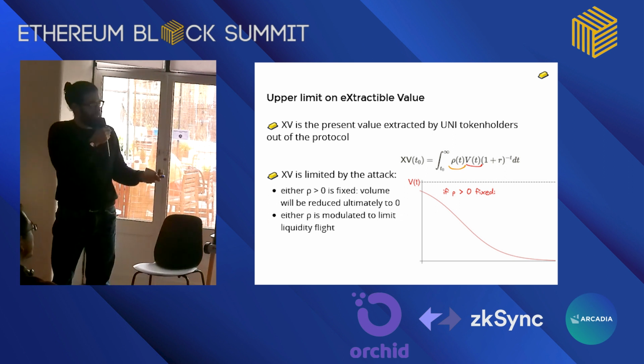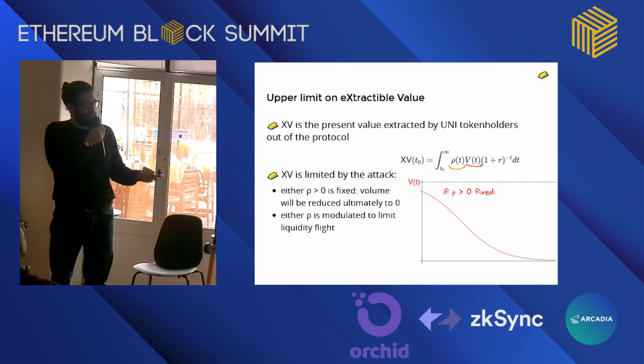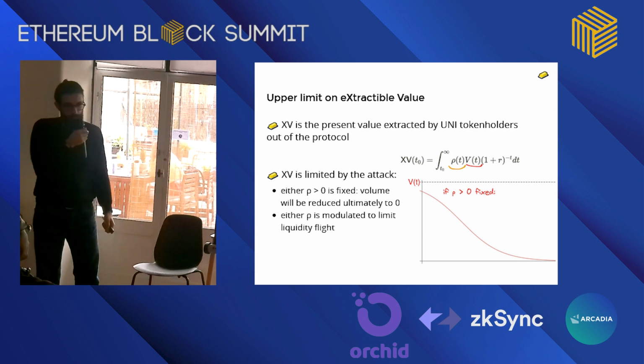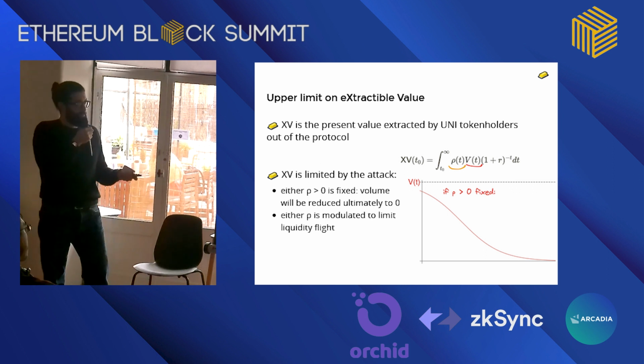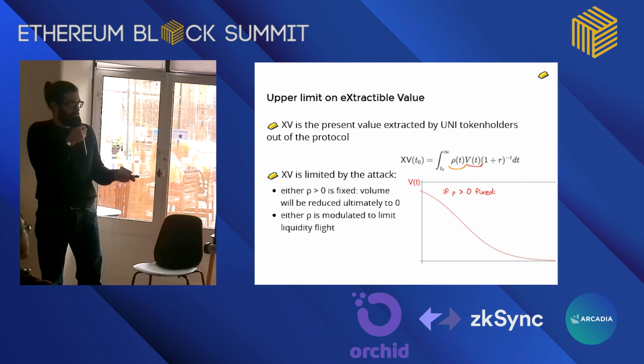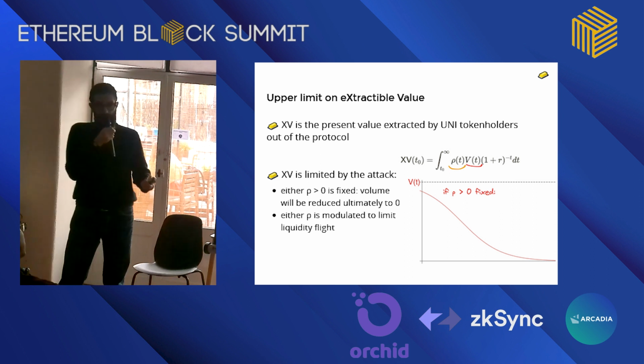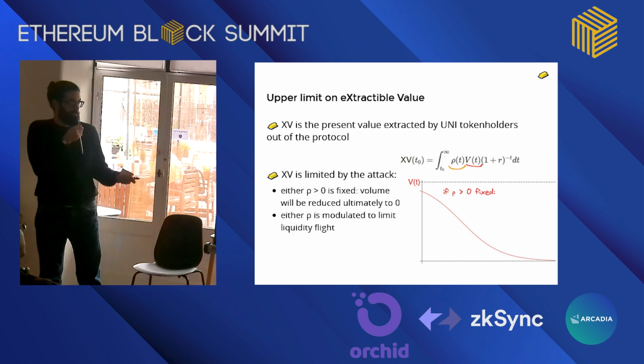So rho is the instantaneous protocol fee, it's the rate. V is the volume, and this is just a discount factor. And what we've seen before, I'm just restating, is that if rho is fixed, V is limited by the attack, because V is going to 0.